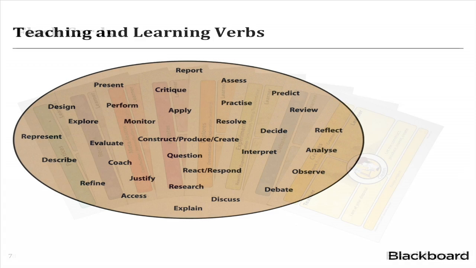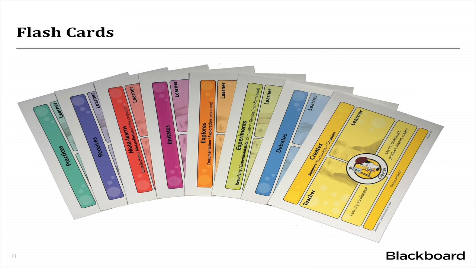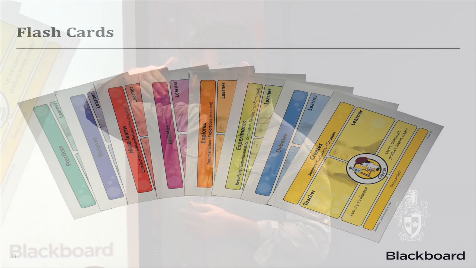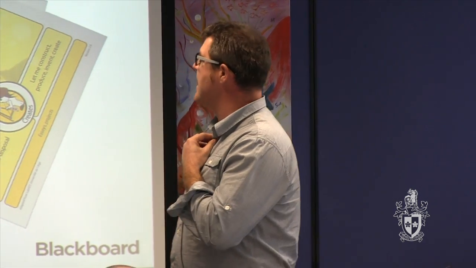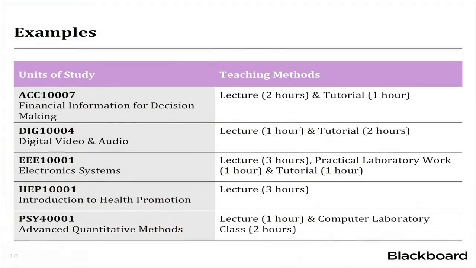So in a moment, John is going to go around and give you a pack of these cards. There's some butcher's papers on the table, and what I want you to do is just rule a line down the middle, and John will give you these cards and we'll work through it. We really want to focus on what happens now. So I've just gone to the Swinburne website and picked out some units of study.